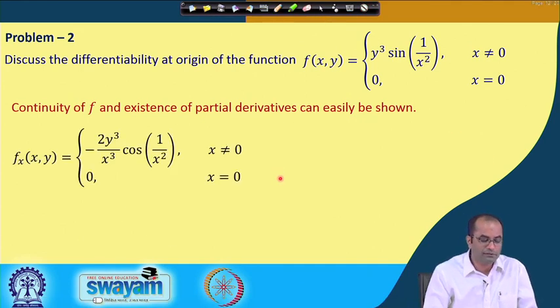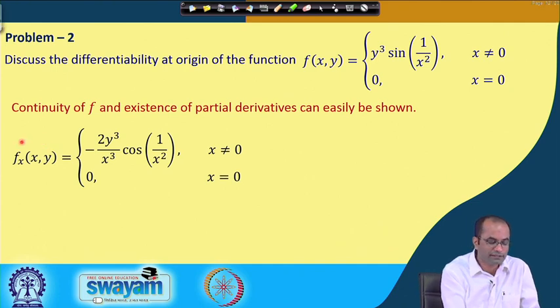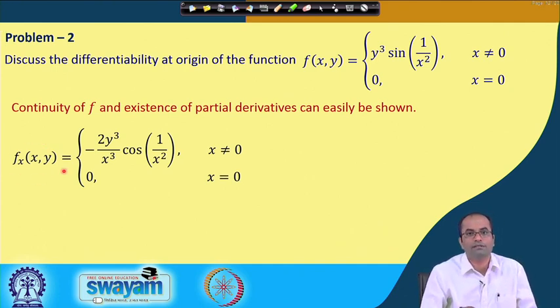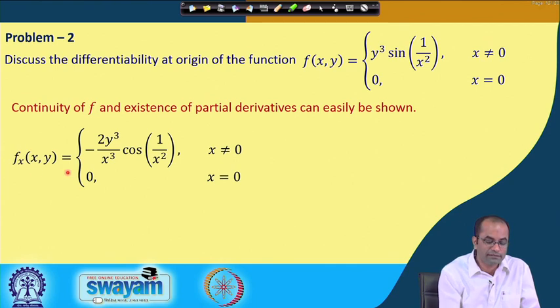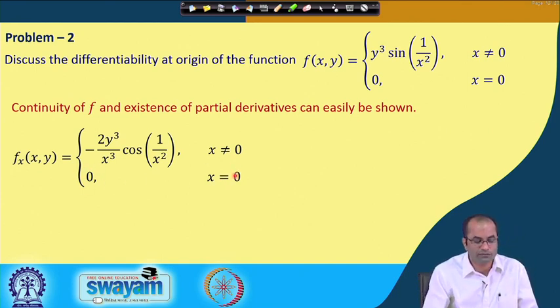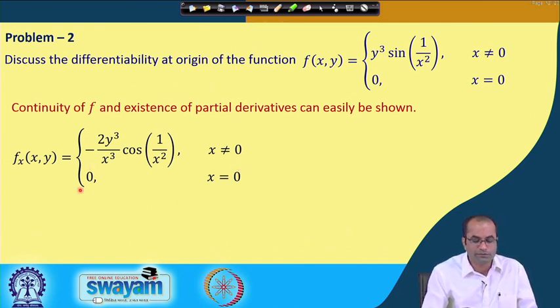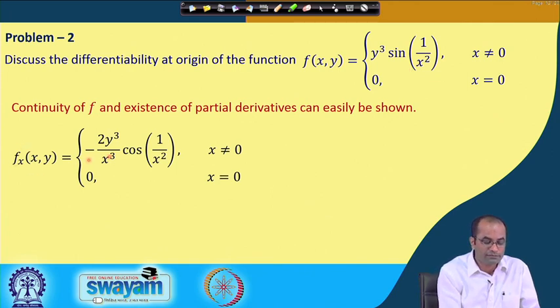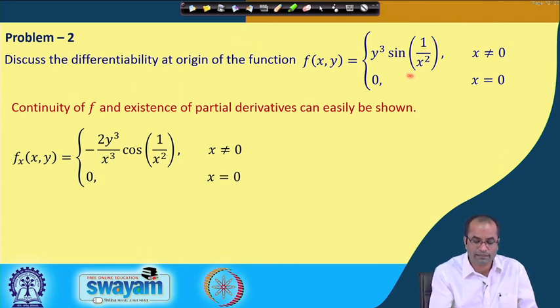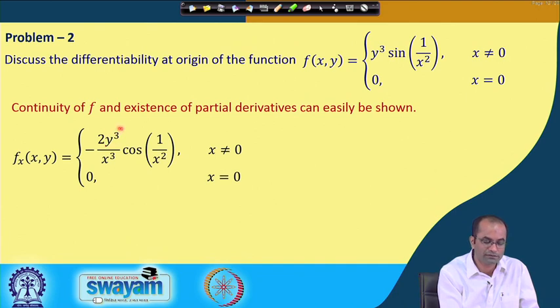And next we will show the continuity of this f_x. We will try to get the continuity of the partial derivative with respect to x. For that again we need to compute the partial derivative when x is not equal to 0, and we have to also get this. We have already seen that this value is 0 when x is equal to 0. So, at least at the (0,0) point we have seen it is 0. Now, to get this when x is not equal to 0, we have to directly differentiate this with respect to x. So, the y cubed will be taken as a constant here.